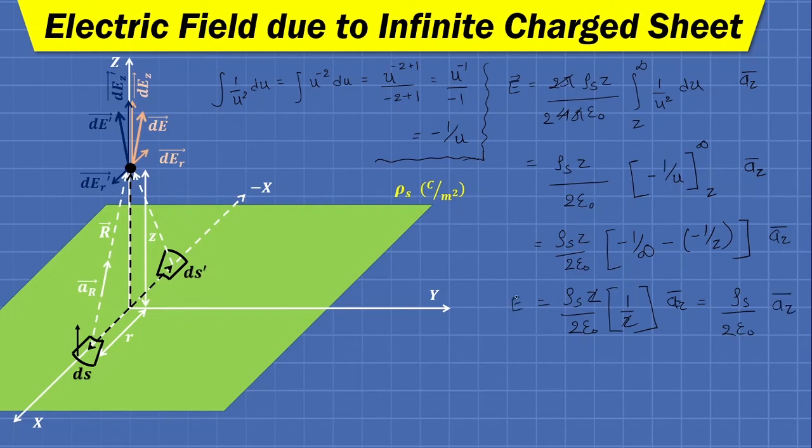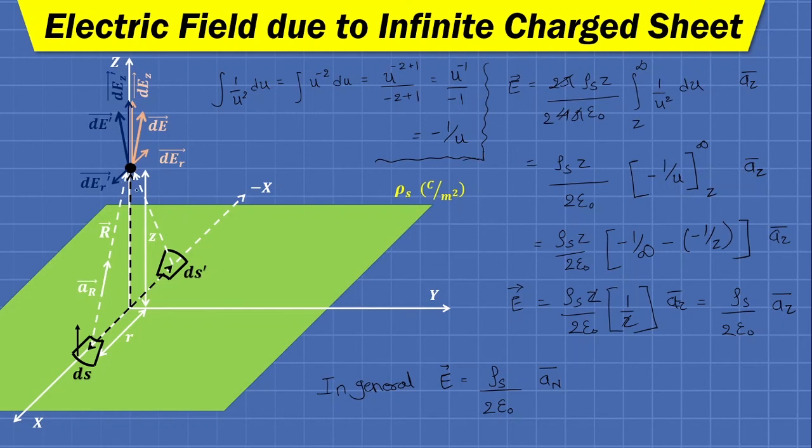Or in general, if this infinite sheet is not laid on the xy plane, but it is laid in any arbitrary way in 3-dimensional space, then in general we can write E bar equals rho s upon 2 epsilon 0 an bar, because the field will only exist in the normal direction of the plane.